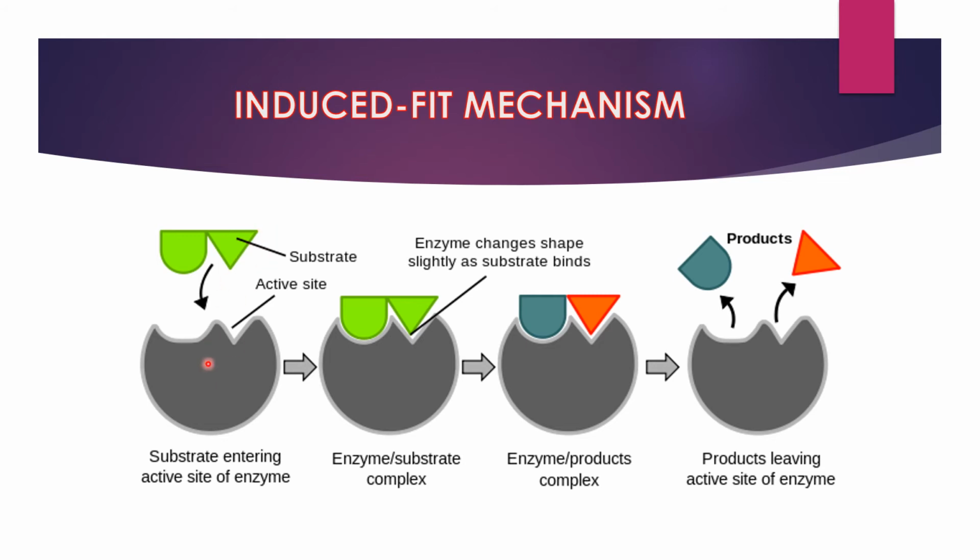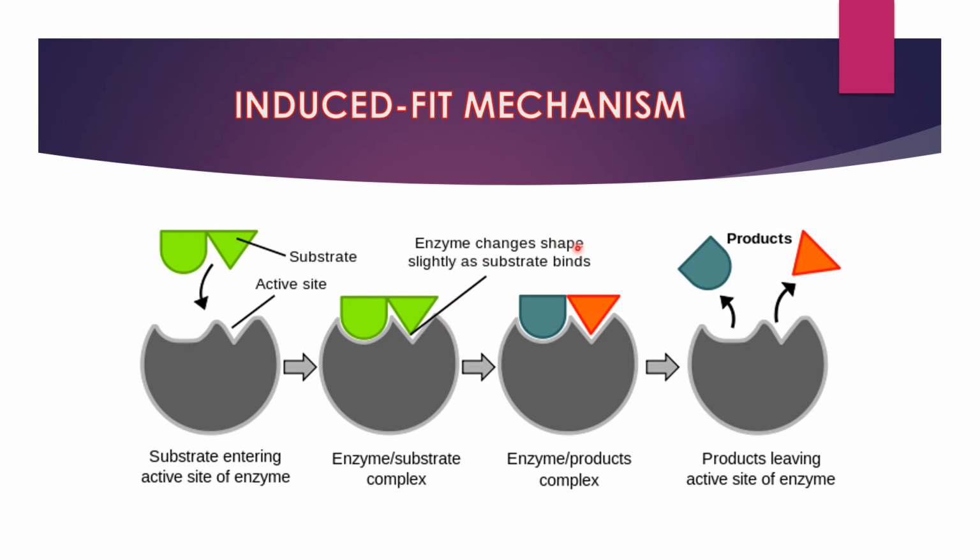So substrate will actually bind to the active site on the first step. However, as you can see here, on the second step where the difference happens, the substrate will actually determine the final shape of the enzyme, meaning that the enzyme is slightly flexible.